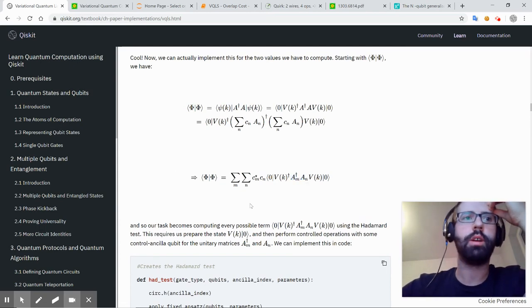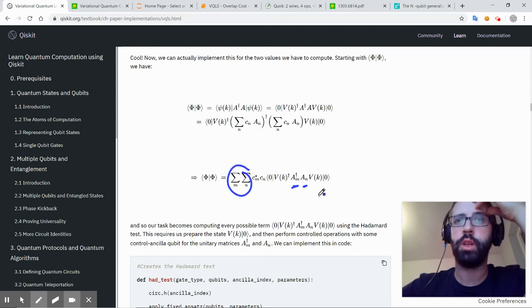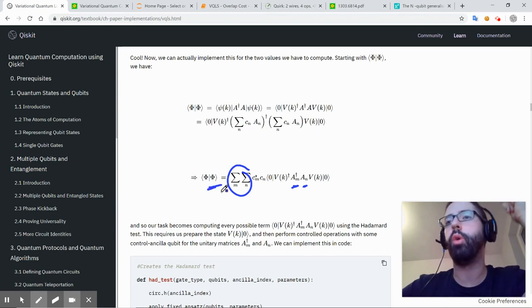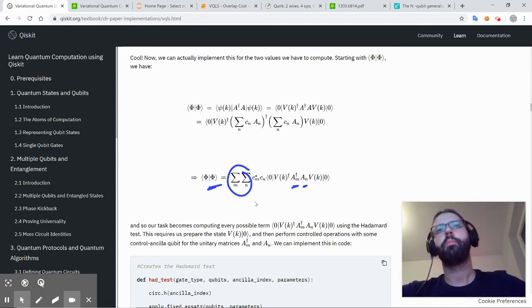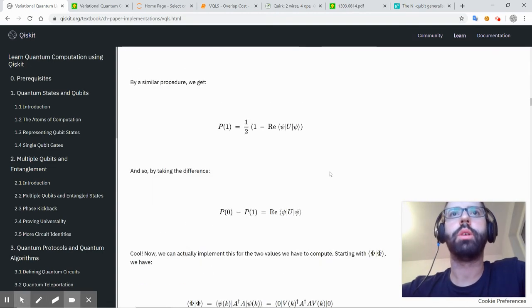These are my A1 and A2. By definition, those are the sums of those expectation values, and so that works to calculate these, which is part of your cost function. But if I'm just using the overlap, then there's no way it's going to work.